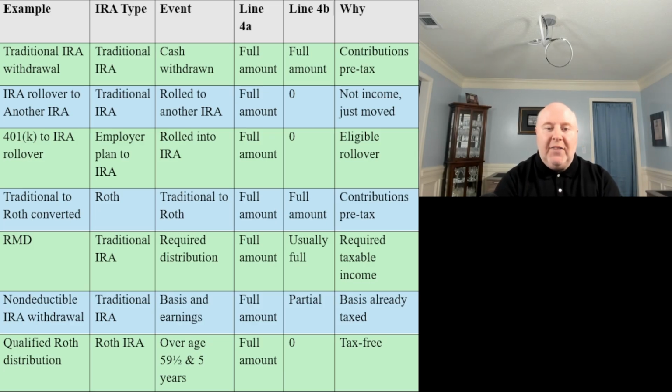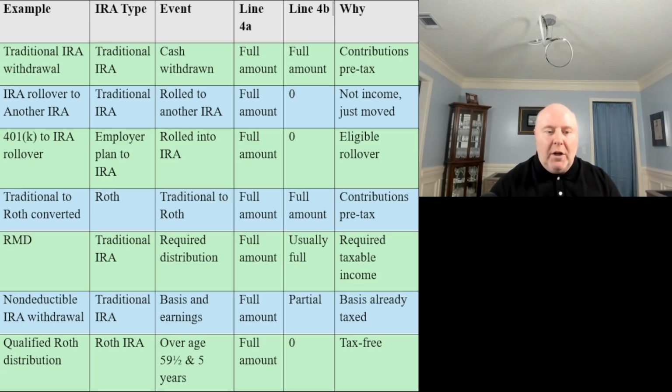But because we didn't get that tax break, the amount attributable to the actual contribution will not be taxed, but the growth will be taxed. So we'll have a partial amount on line 4B. We're not going to have the full amount because we made contributions after tax. That's why it's not the full amount.